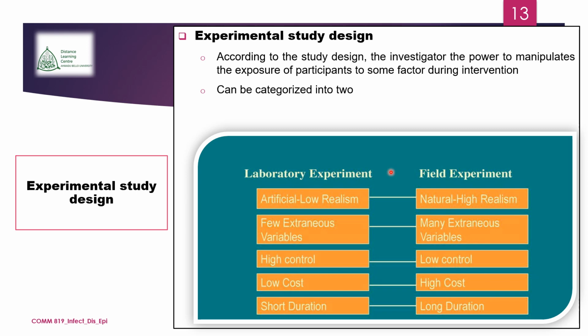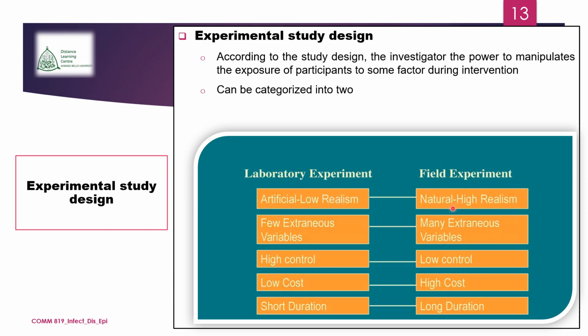The distinction between the two is that in the case of lab experiment, it is generally artificial in nature. You control the temperature, you control things, you induce the disease, you understand. So it has low realism. It's not real, there's artificiality in it.